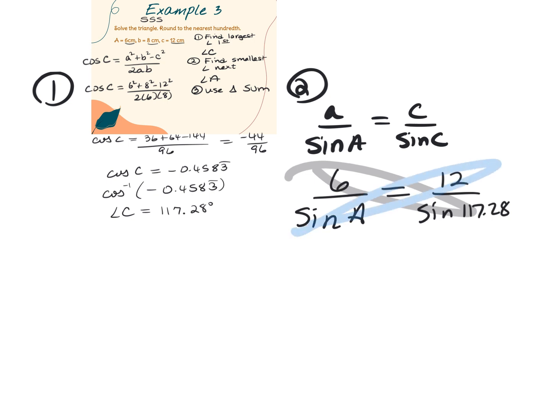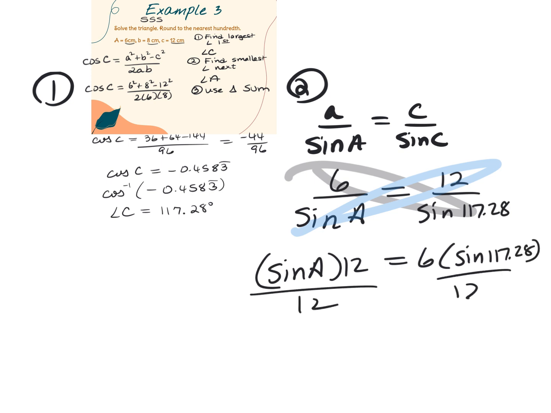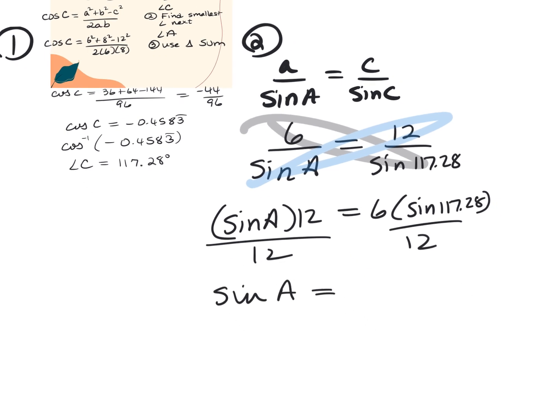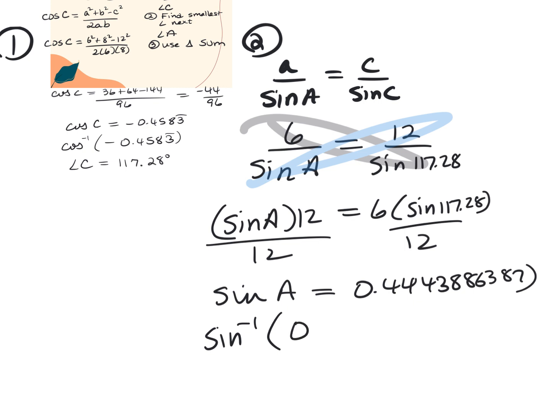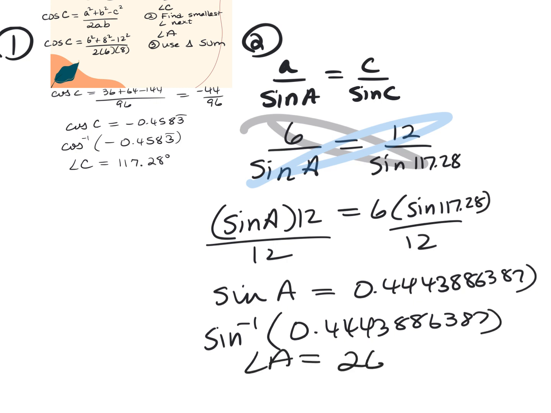I end up with the sine of A times 12 is equal to 6 times the sine of 117.28, divide by 12, and the sine of A is equal to 0.44438863887, and then do the inverse, and angle A, rounded to the hundredths place, is 26.38 degrees.